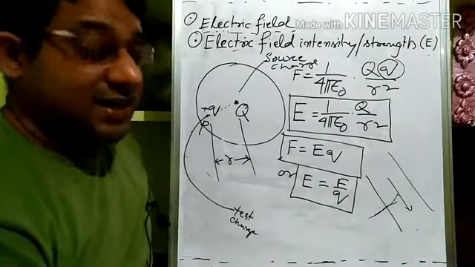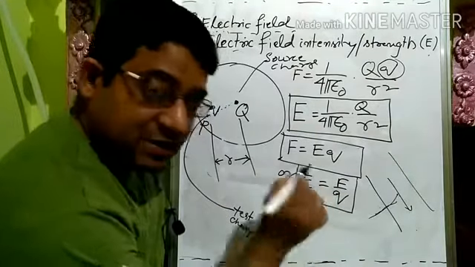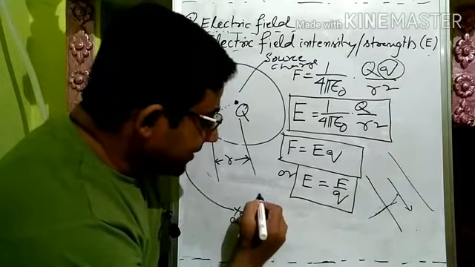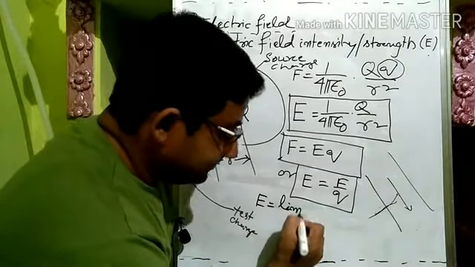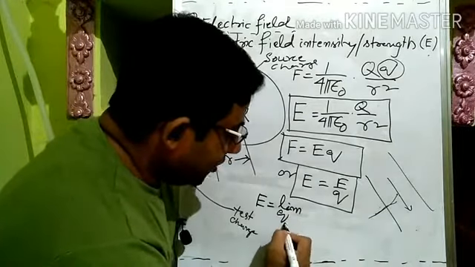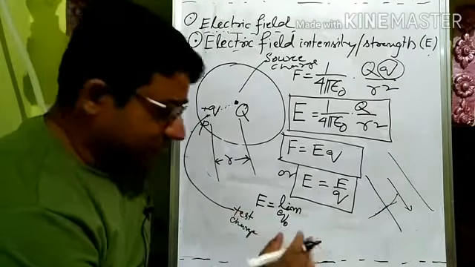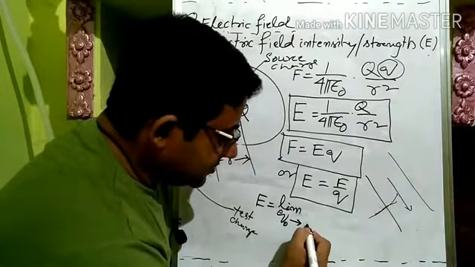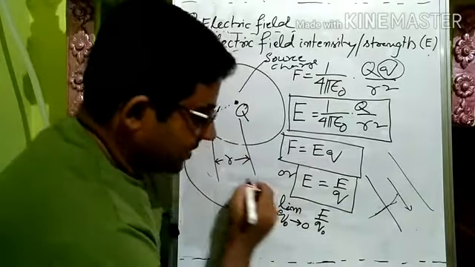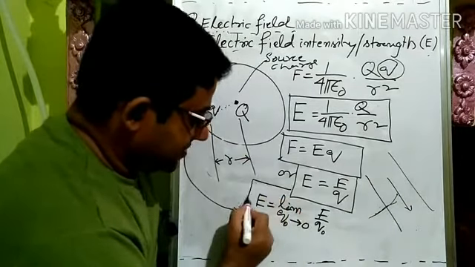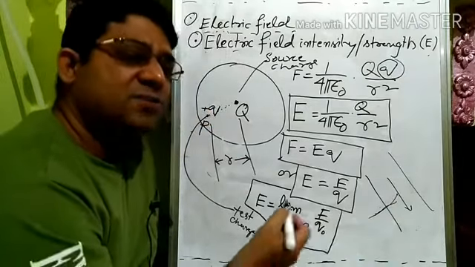But what I said, if I explain that mathematically, how will that look? E is equal to F by Q only. But in mathematical language, how do we write that? E is equal to limit Q naught approaching 0, F by Q naught. As I said, Q naught is the symbol for the test charge. This is the expression of what I said, that the test charge has to be as small as possible.